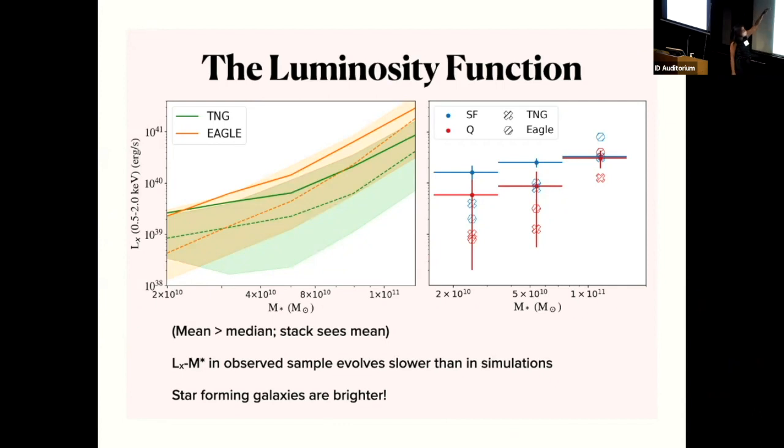And when you stack images, what you see is the mean signal, the average, yeah? Here you'll see there's a lot of scatter at any stellar mass for the LX of any of the galaxies in the simulation. So when you take an average, you're going to see those solid lines, right? Whereas the dashed lines show the median distribution, okay?